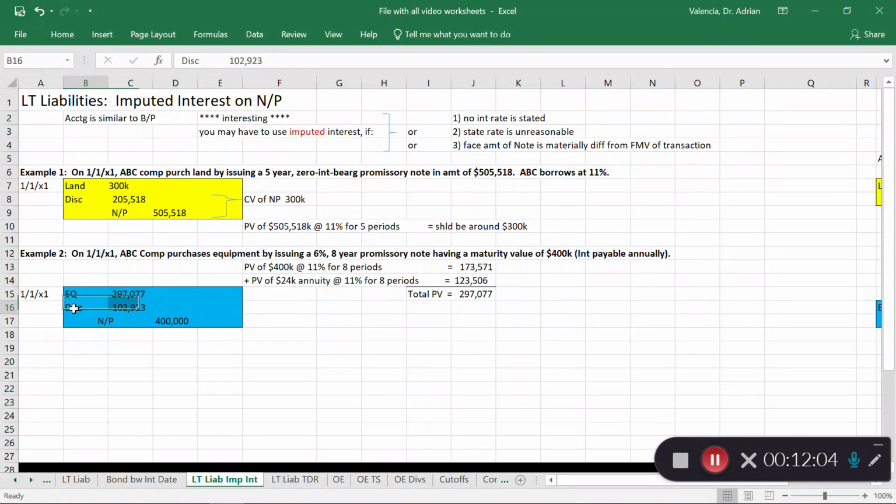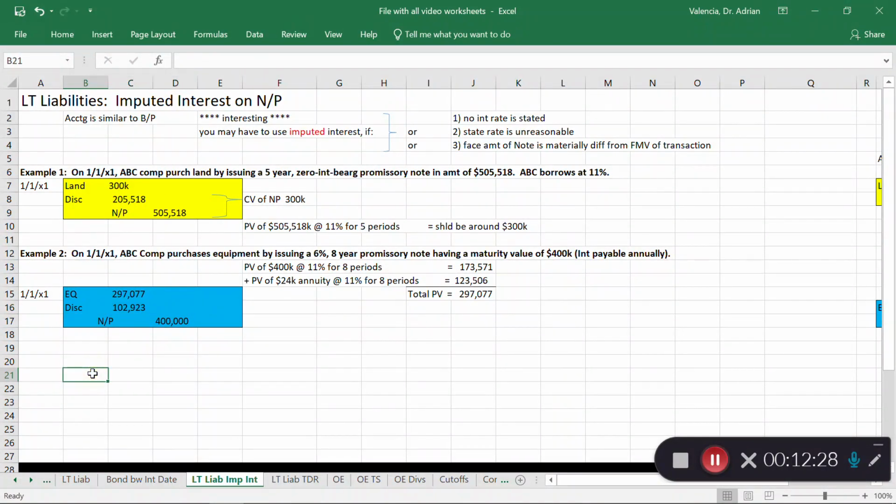On the other hand, this discount is a different type of expense. This one here is depreciation. This one here is interest, right? And we have to not mix the two. One deals with assets that we use to generate revenue, and the other is used for calculating interest on loans that we take out.